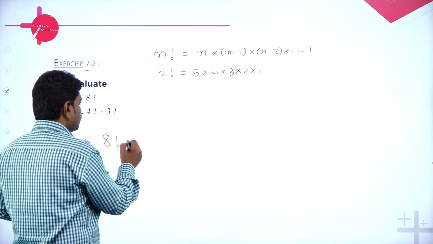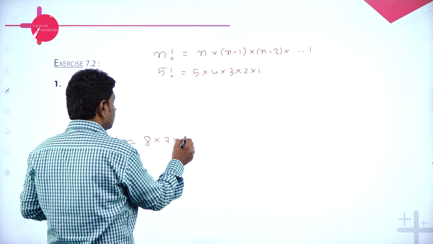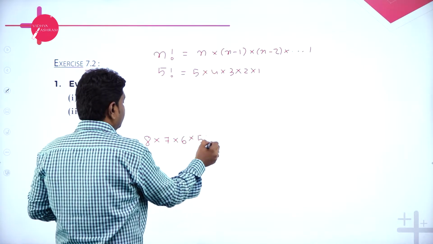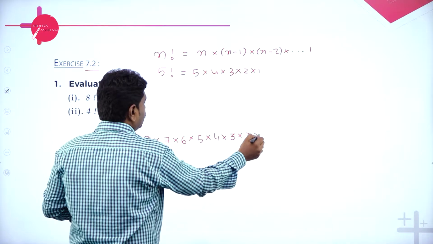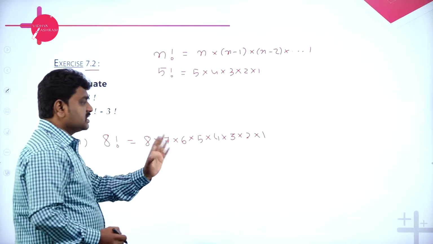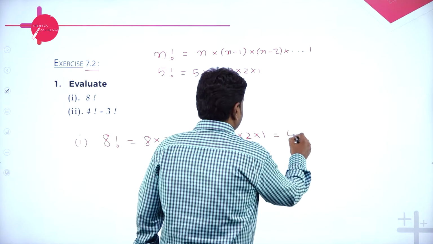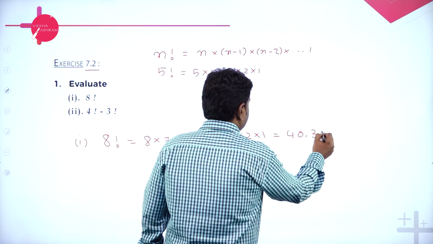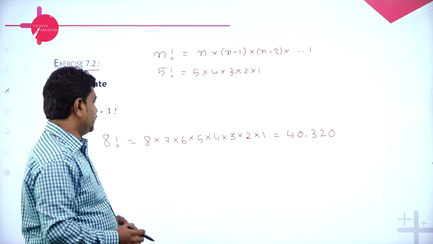Similarly, 8 factorial is 8 into 7 into 6 into 5 into 4 into 3 into 2 into 1. Multiply all the numbers, you will get the value.